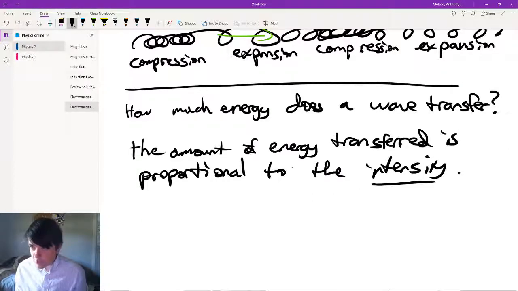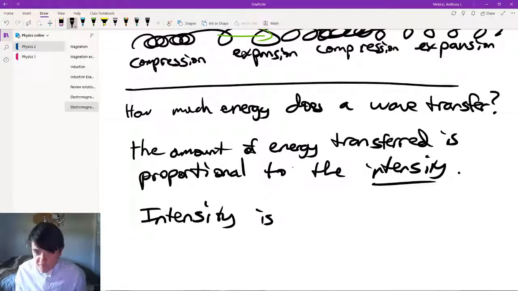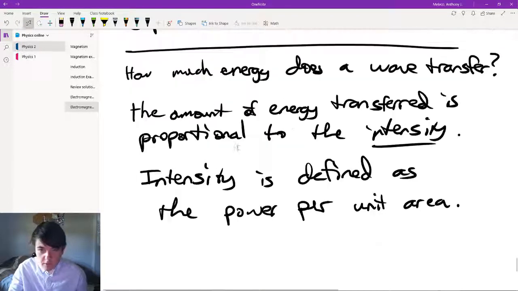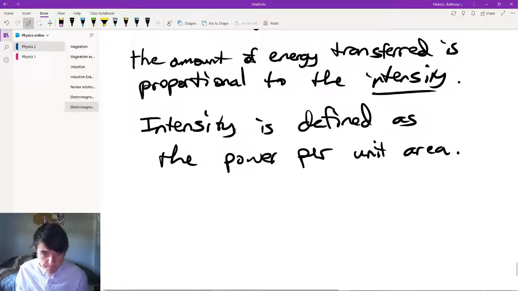Okay? Now, what is intensity? Intensity is defined as the power of a wave per unit area. Okay, well, what is power?